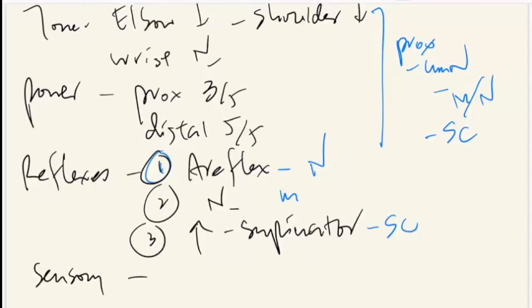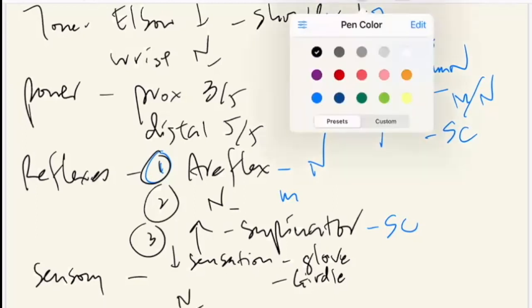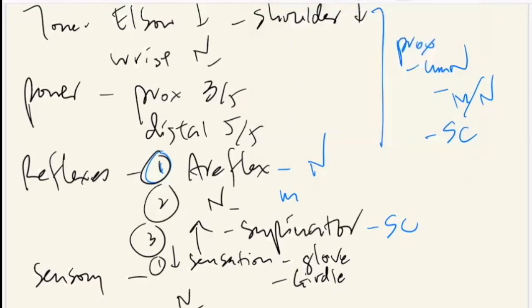So for sensory, we can have reduced sensation in the glove distribution, or reduced sensation in the girdles, in the limb, in the shoulder, or sensation is normal. So can you tell me what is the diagnosis for these three scenarios?